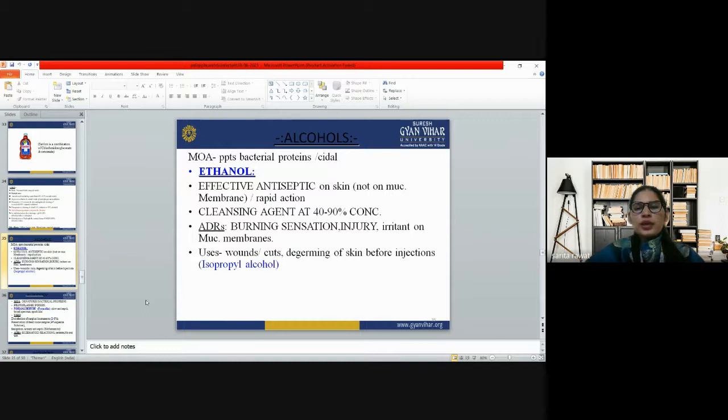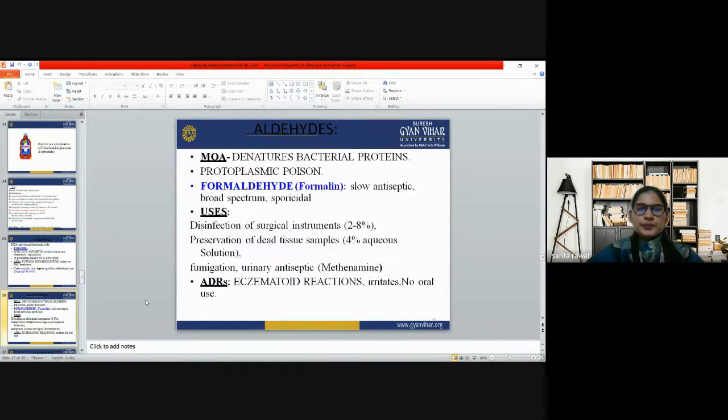ADRs involve burning sensation, injury, and irritation on the mucous membrane. It is used for wounds, cuts, and degerming of the skin before injections. For example, we use isopropyl alcohol.